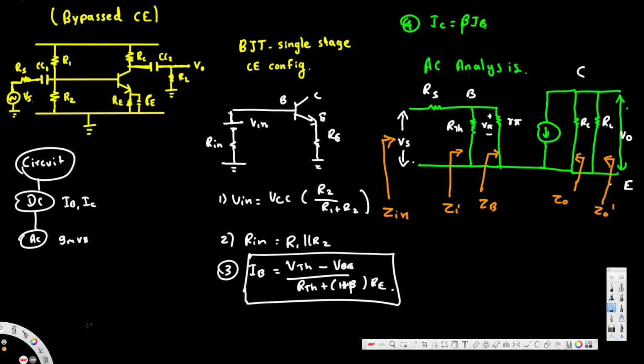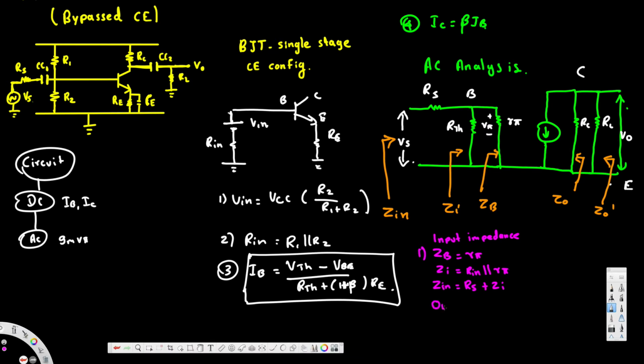Now let's go ahead and calculate the input impedance. Input impedance: ZB is equal to R5, ZI is equal to R in parallel R5, and then Z in is equal to RS plus ZI.